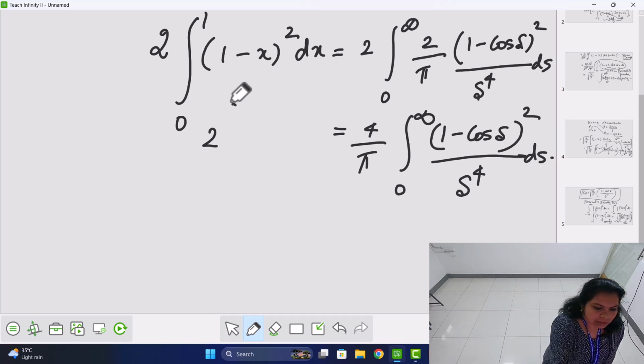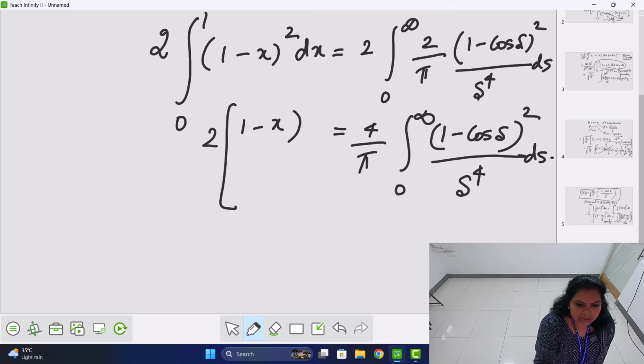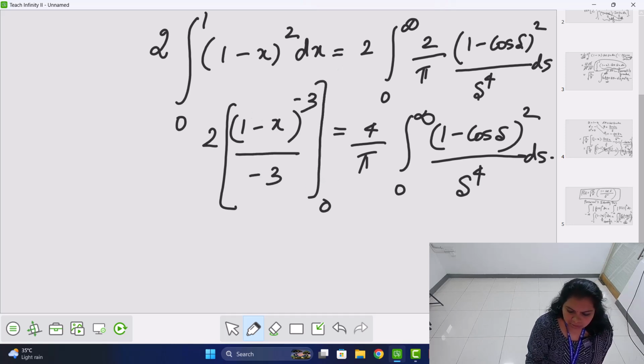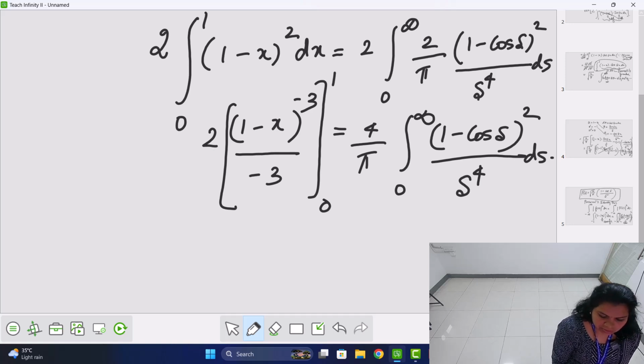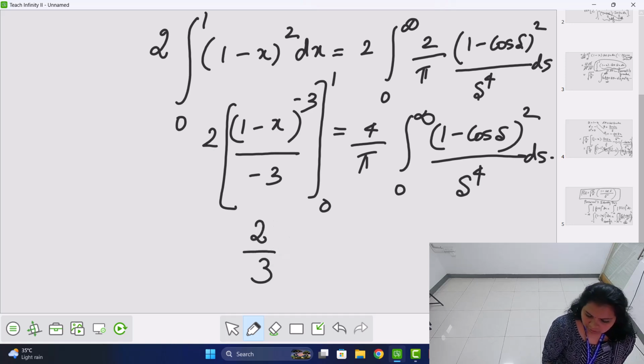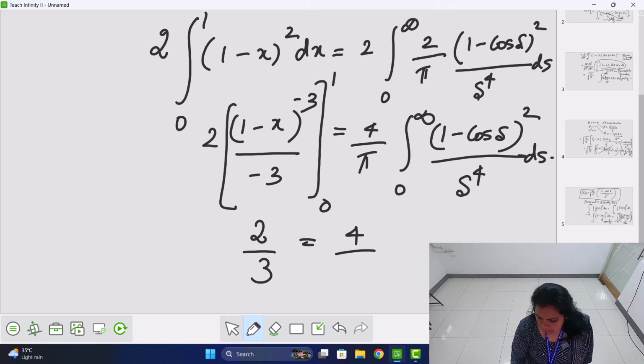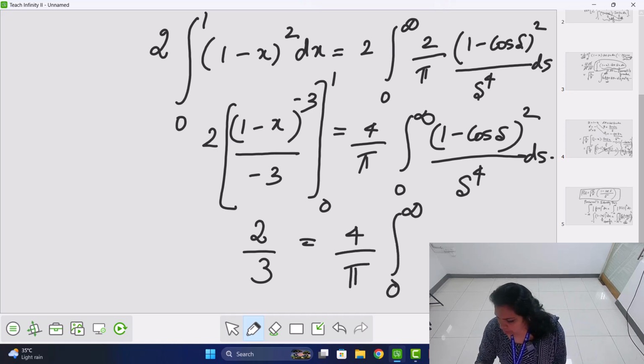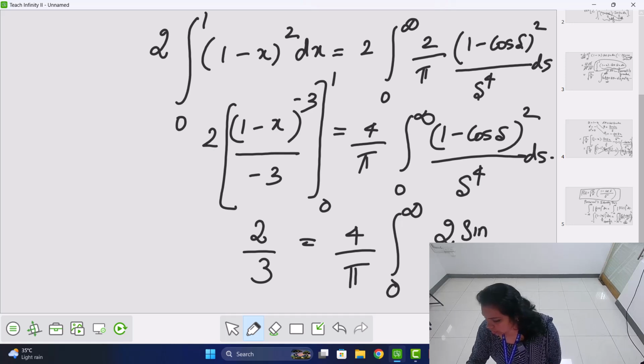So when you integrate here, (1 minus x) the whole power minus 3 by minus 3, 0 to 1. So you get it as 2 by 3, which is equal to 4 by pi, integral 0 to infinity. We can substitute here as (2 sine square s by 2 divided by s square) the whole square ds.